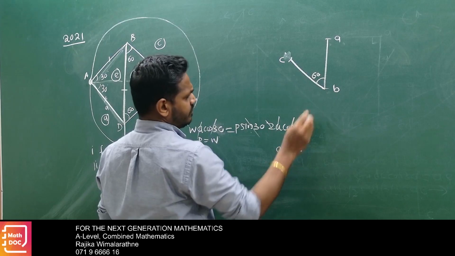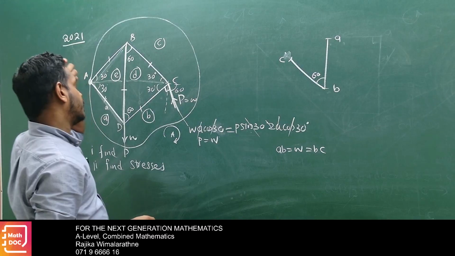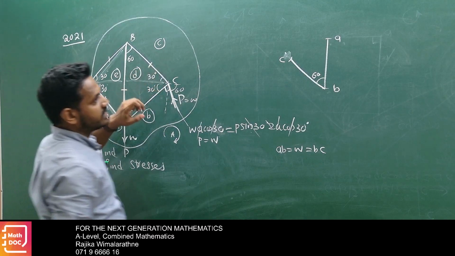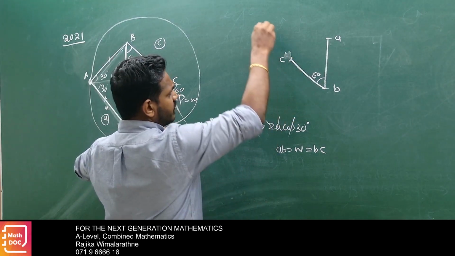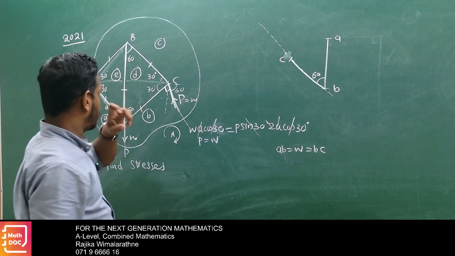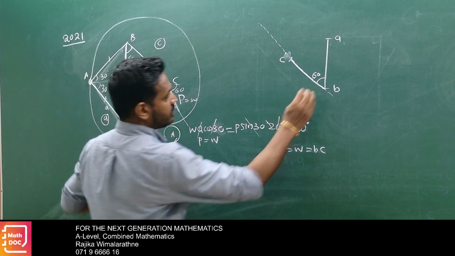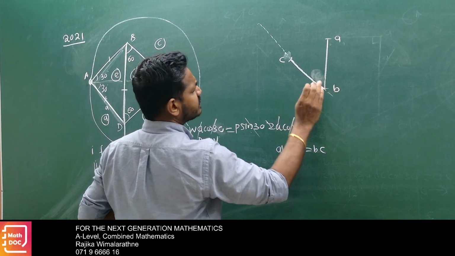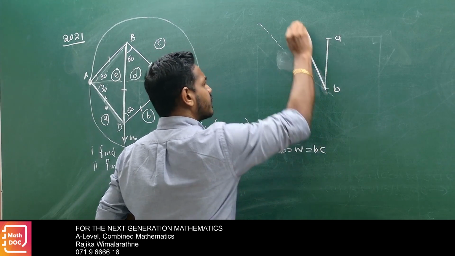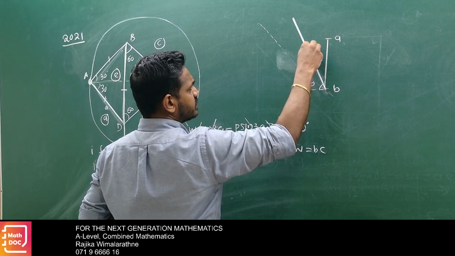Okay, BC is W. Then you complete this. CD to the horizontal 30. D on this line. To the horizontal 60, no? W somewhere here.